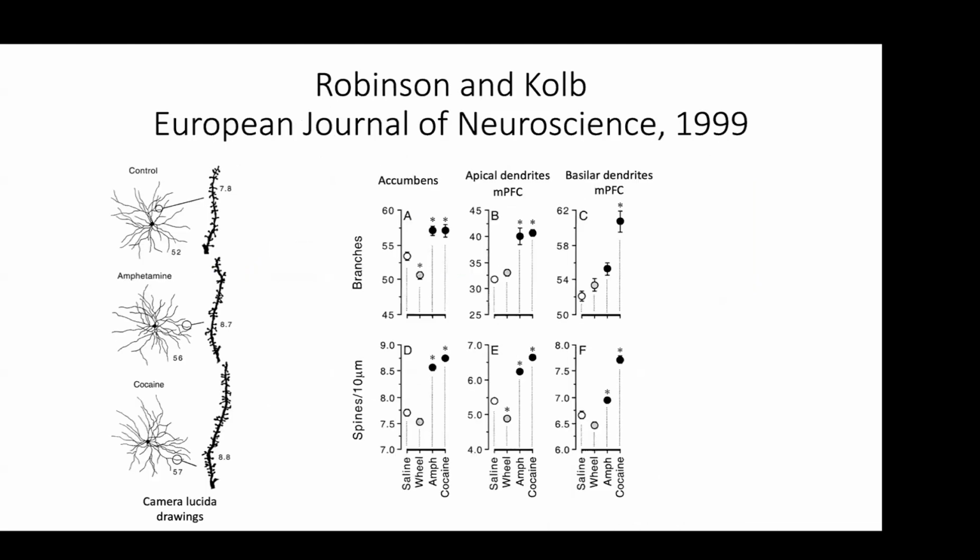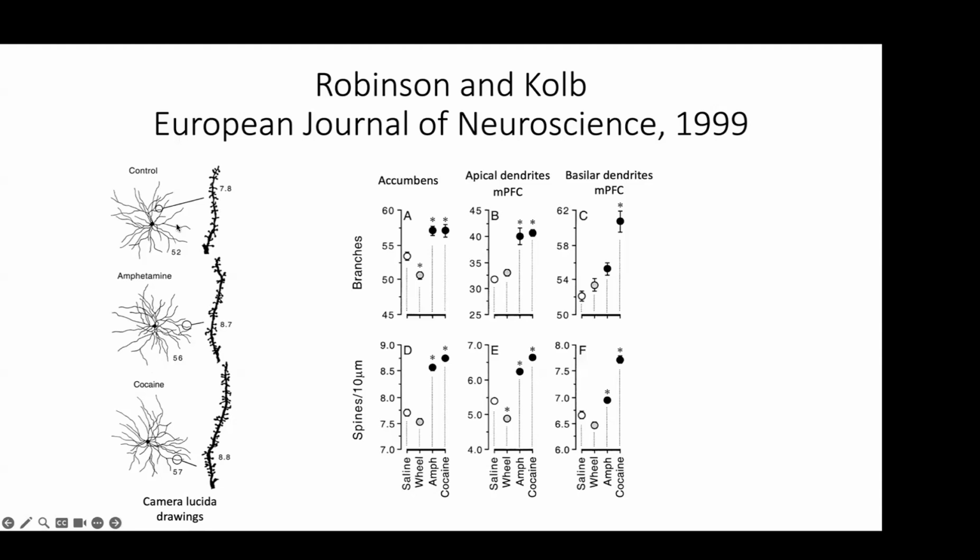So seminal studies at the preclinical level in the 1990s explored what were the effects of administering a vehicle, amphetamines, or cocaine to rodents. And so they examined the dendritic branches, and they also examined the spines count after administration of amphetamines, cocaine, and vehicle.